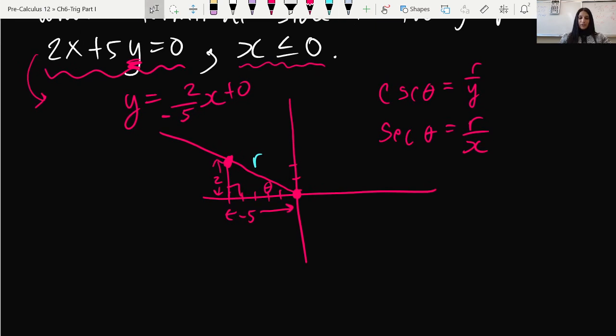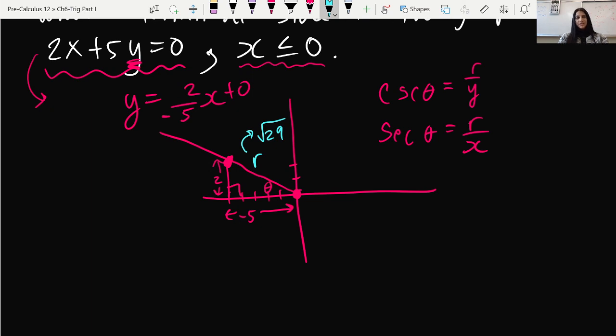To figure out that r value, this is again just Pythagorean Theorem. Can I trust that you all know how to do that? When you do that, r is going to be root 29. I just did 2 squared plus negative 5 squared is equal to c squared, and that ends up giving us root 29.